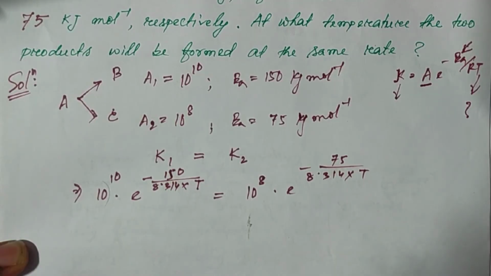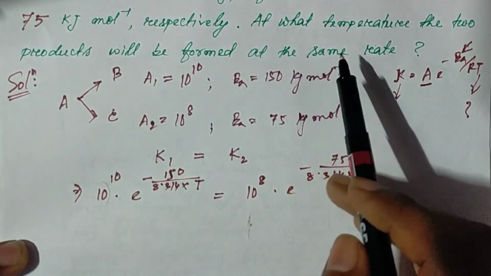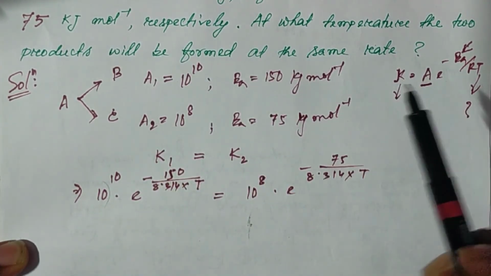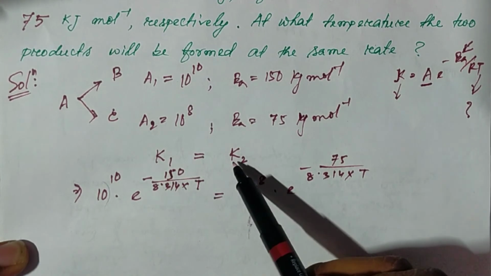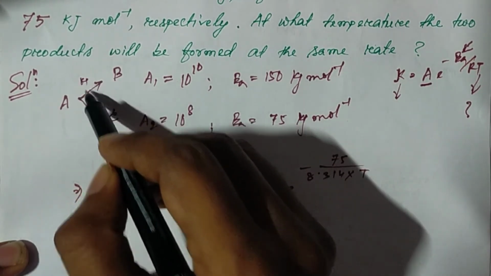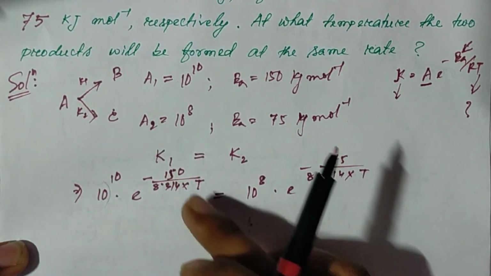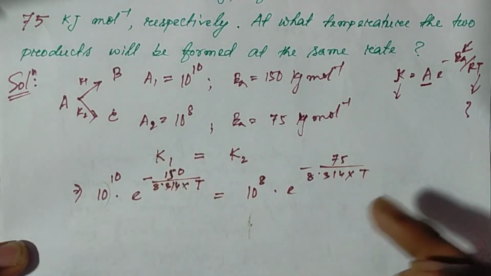So according to the question, there is a condition that the products will be formed at the same rate. So K1 is equal to K2. K1 is for A to B, and K2 is for A to C. So these two are the same.